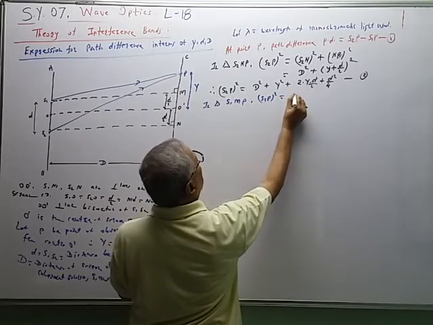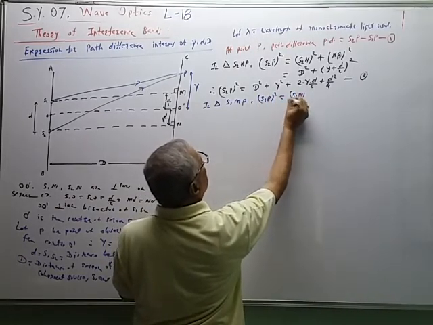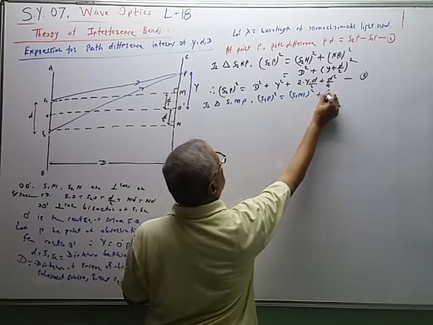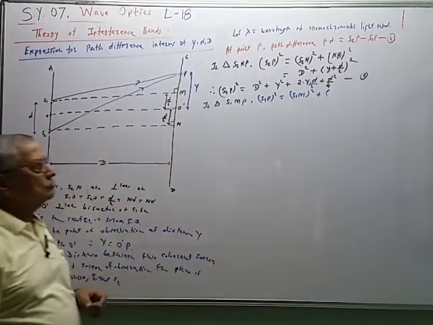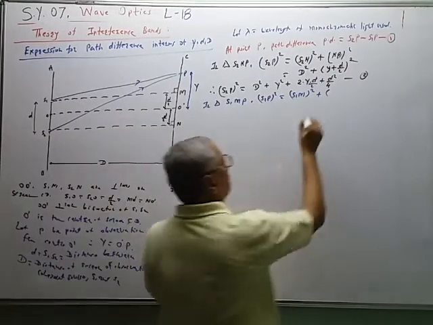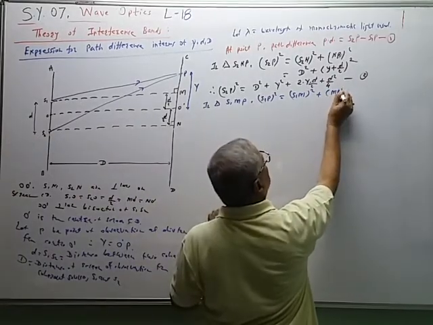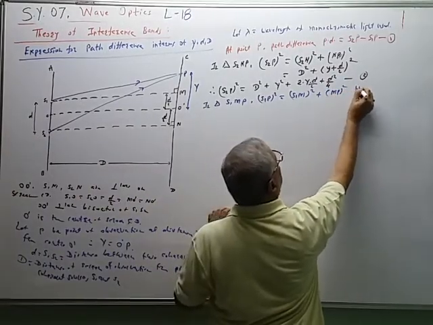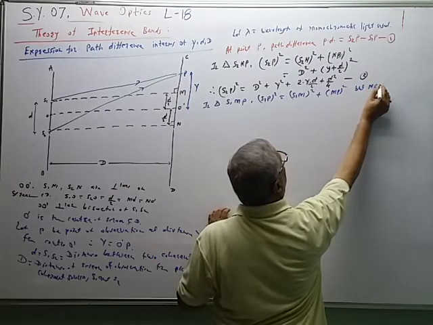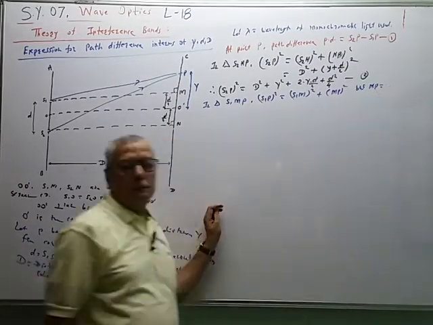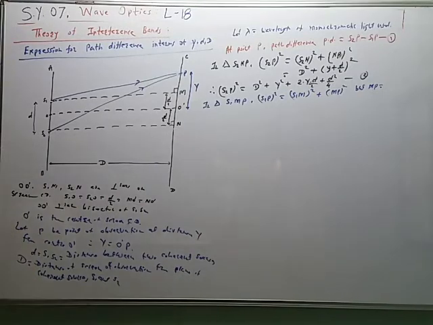S1P square is equal to S1M square, this is D square, plus MP square.